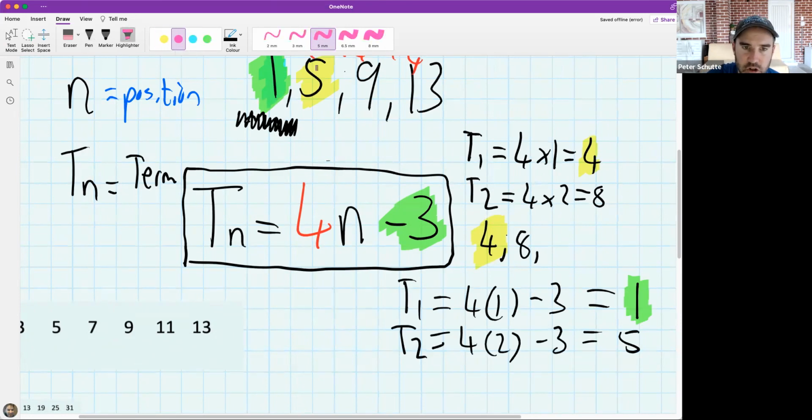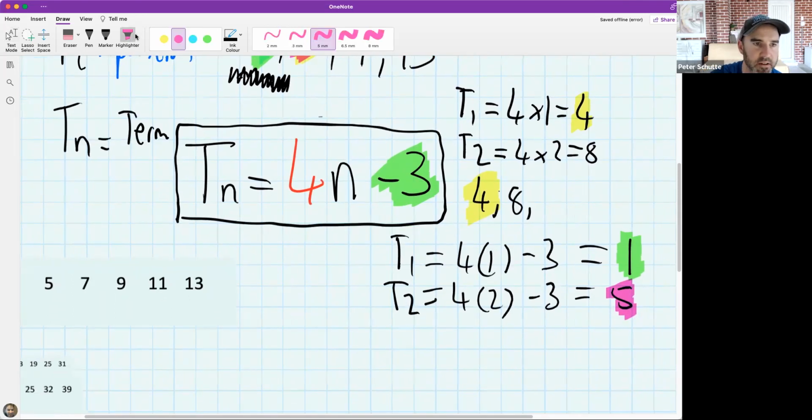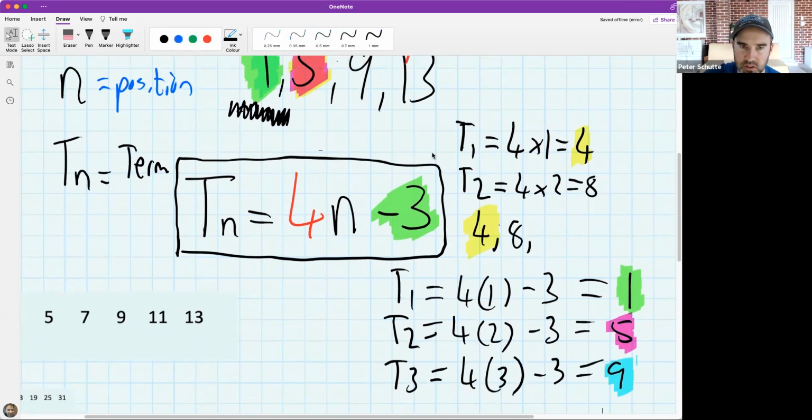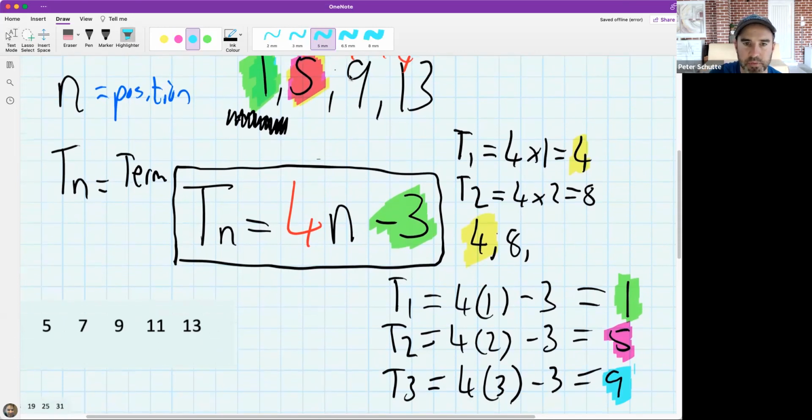And this is good news because here's my 5 here, here's my 5 there. Then, just to make sure, let's do T3: 4 times 3 minus 3. So that's 12 minus 3, which is 9. And I think I'm on a roll, because what was the original sequence's term? It was 9. Okay, so that is how we build the formula.